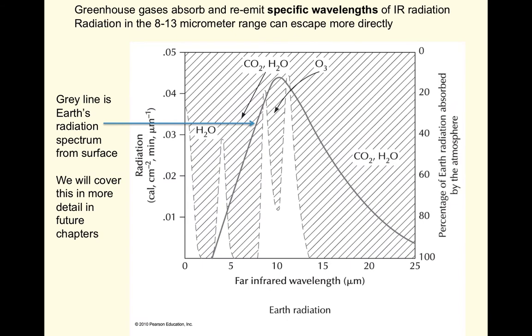Specific greenhouse gases absorb specific wavelengths of infrared radiation. This chart shows this effect by looking at CO2 and water vapor, and this crosshatching means that they effectively absorb about 100% of IR radiation from about 12 micrometers to 25 micrometers in wavelengths.